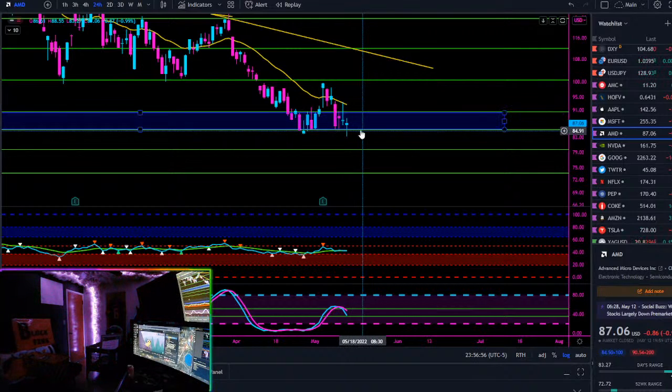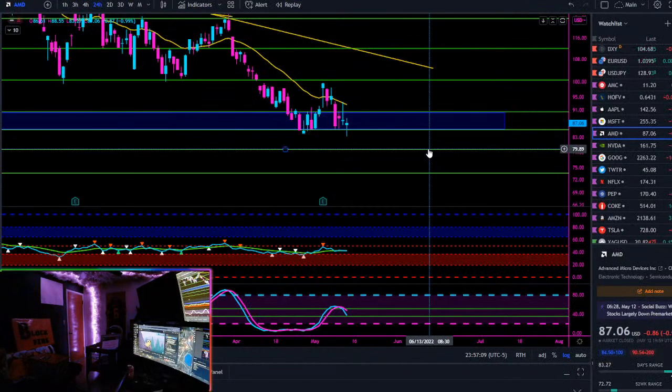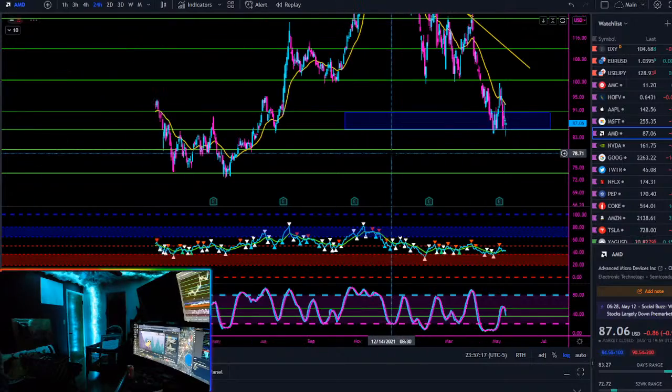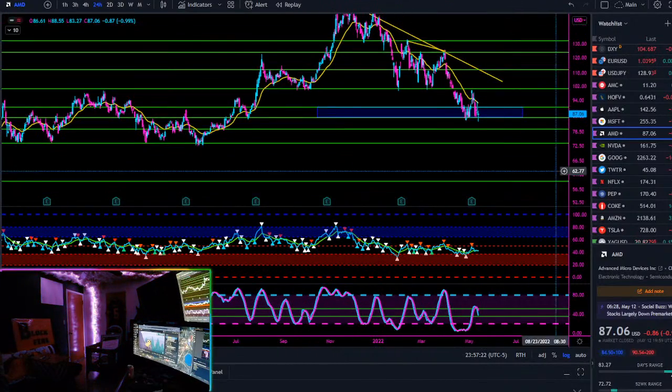And anything that opens and closes below current support at 85.25 would lead me to believe that we are going to continue driving down towards the next major target at 73.57. Obviously, that other trend line here would be a take profit target from my perspective on a short position at 79.90. But I would look for that to get blown through, to be quite honest with you, as the structure is looking kind of weak.